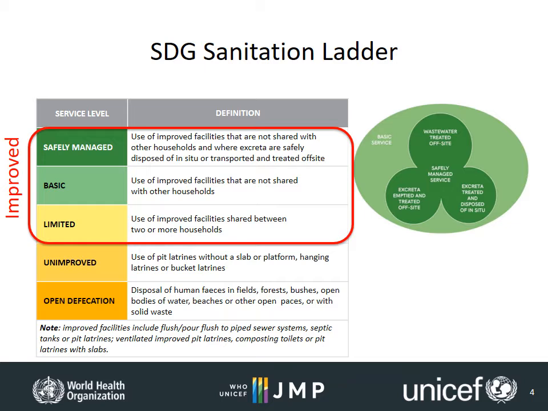If facilities are shared with other households, we call this a limited service, and facilities that are not shared count as basic service. In order to meet the new SDG benchmark of safely managed services, excreta must either be safely disposed of in situ or transported and treated off-site. The diagram on the right shows the 3 main pathways to safely managed sanitation, which will be described in more detail later.